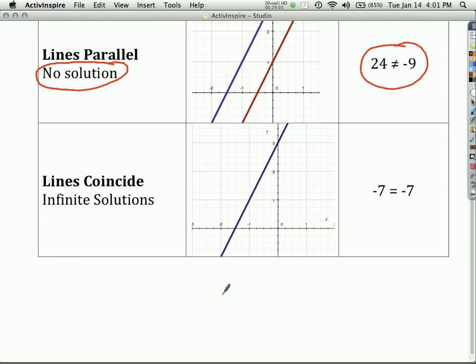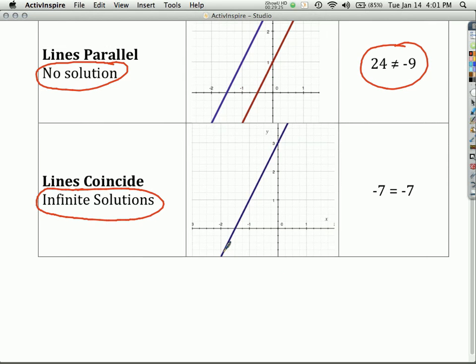Well, if we have a system with two equations that are exactly the same, then we end up with lines coinciding. And this is called infinite solutions because every point is a solution. Because every point on the line is a point where the two lines are crossing.